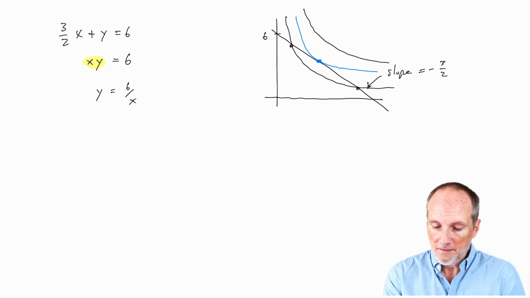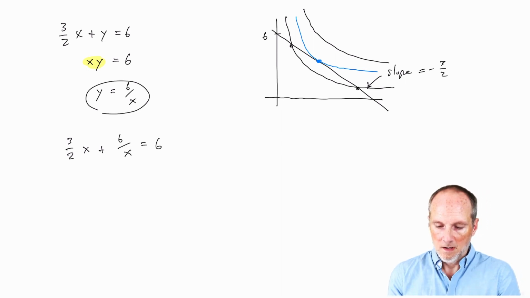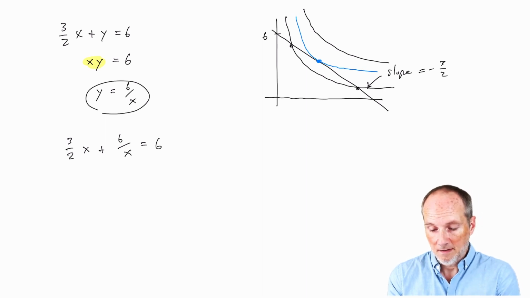So if we make the substitution and put that in the first equation, we get this. We know at any solution, if there is one, y is equal to 6 over x. We also know 3/2 x plus that is equal to 6.